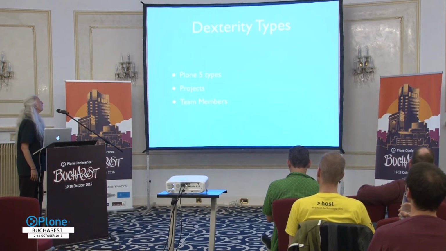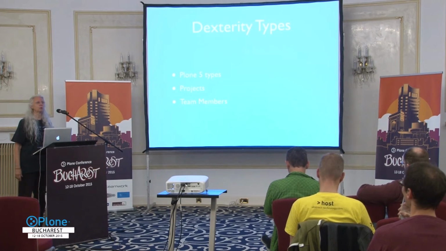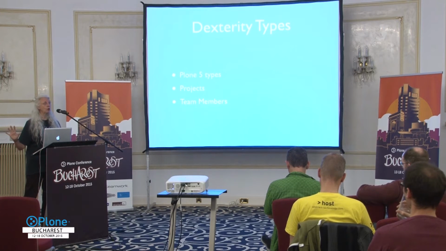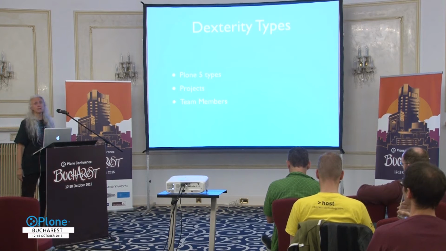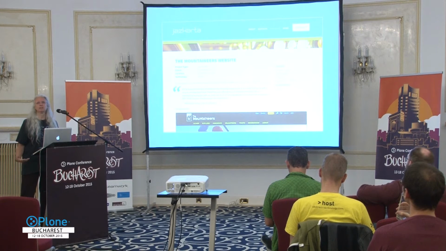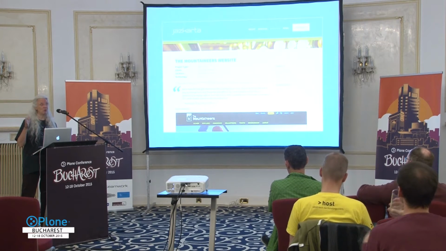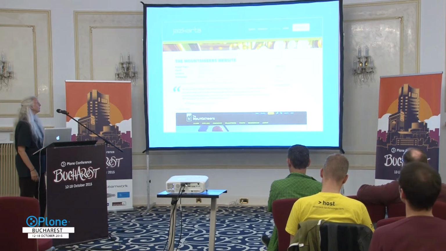So, dexterity types. We used the standard Plone 5 types and didn't even install Archetypes on the site. We created two new content types for our own use: projects and team members. Project is just a place to put metadata about the projects that we have, and this metadata is what's going to allow us to drive all these different ways of looking at these projects and filtering them.